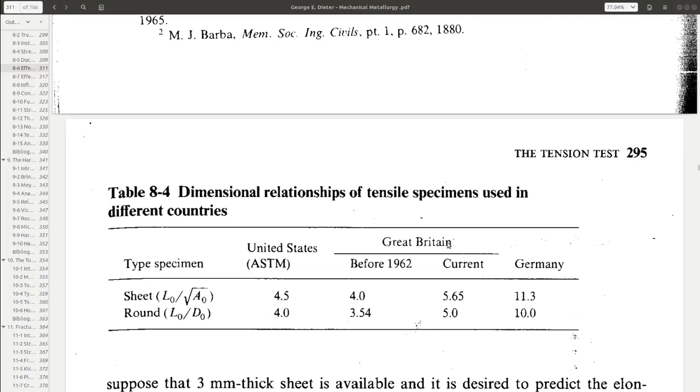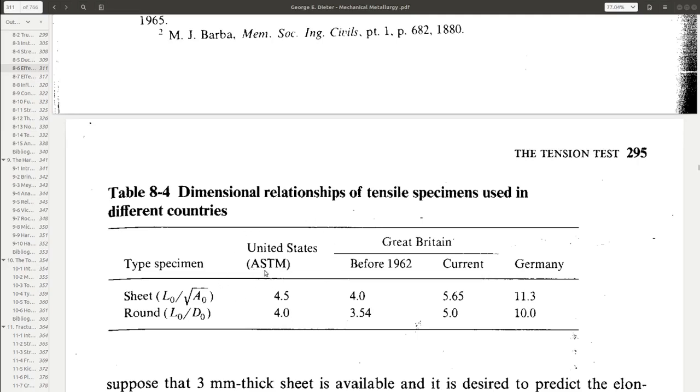In Great Britain they were using some standard, but nowadays they are using a different standard, and in Germany this is the standard. There might be different reasons for choosing these standards, but once they choose them, they maintain that standard throughout their country.